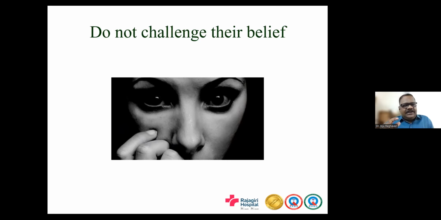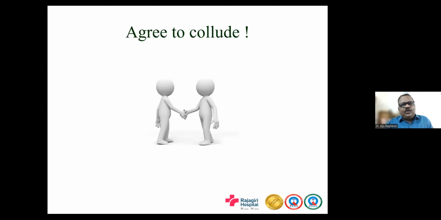Remember, in palliative care, we talk about relieving the suffering of the patient and family. So here, please understand the family is suffering. They are anxious. They are scared. So the first important thing is do not challenge their belief and in fact agree to collude, because we want the anxiety of the family to come down.